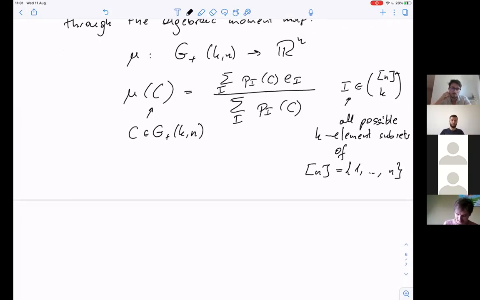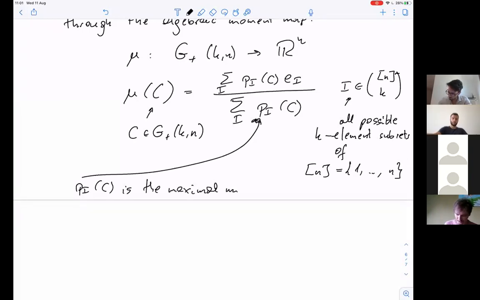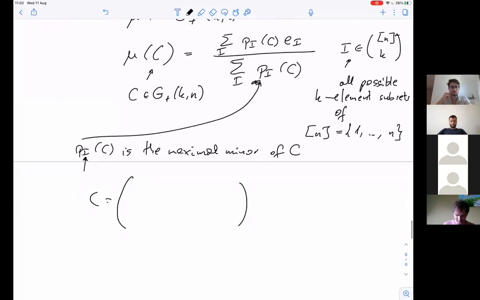Then this p here, these are just the maximal minors. So p_I of C is the maximal minor of C, where this I labels the columns. If I take I1, I2 up to Ik, k columns, I can construct my maximal minor.